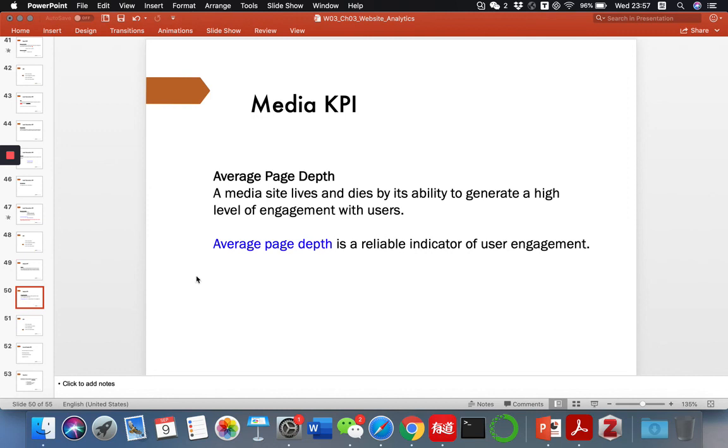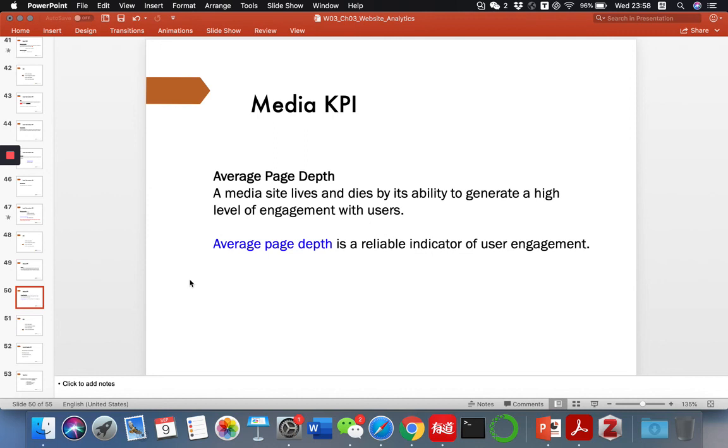And average page depth is a very reliable indicator of user engagement. As I said before, getting viewers involved is the most important thing media websites should pay attention to.